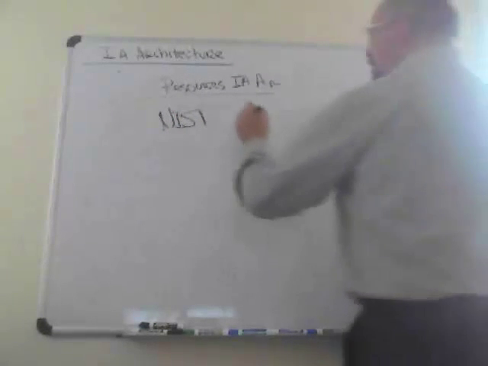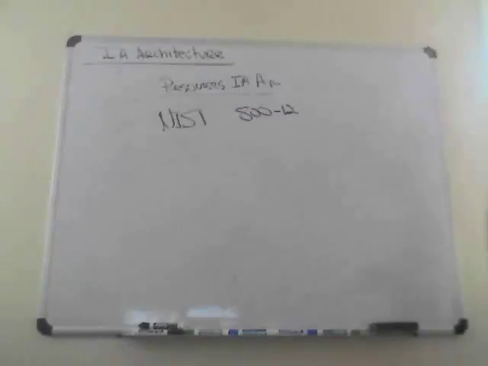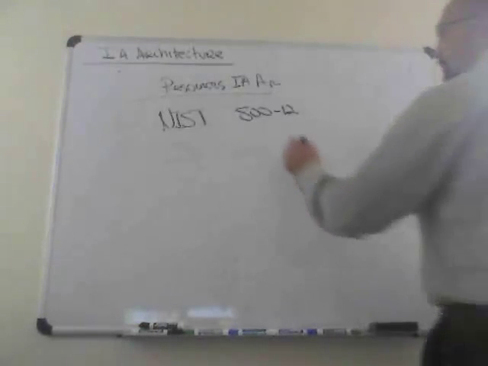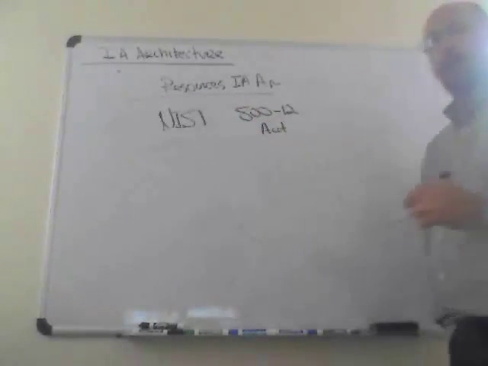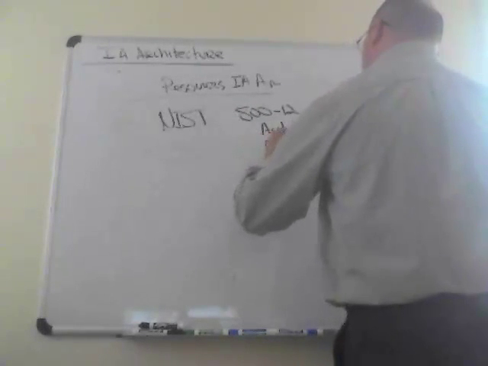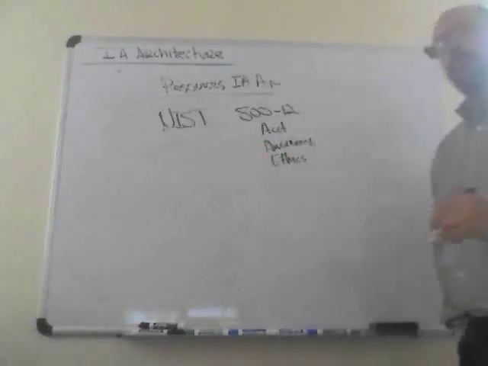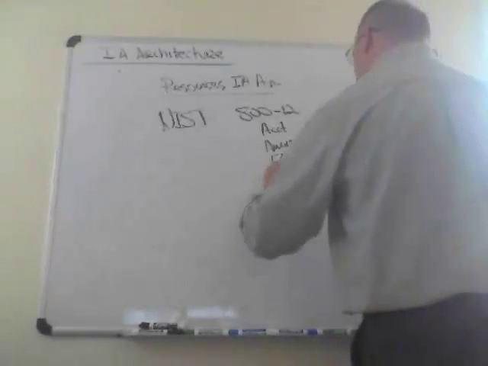So I want you to go check out 800-12, which is the Computer Security Handbook. It talks about the topics of accountability, awareness, ethics. It talks about taking a multidisciplinary approach.